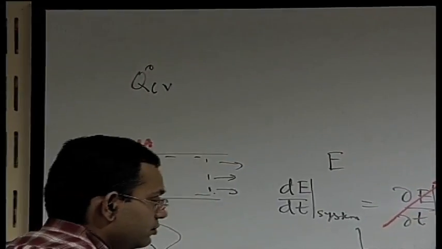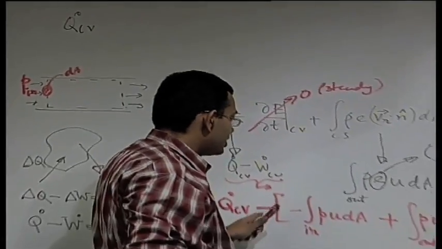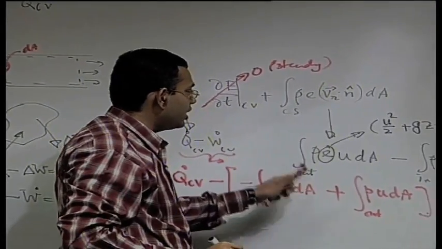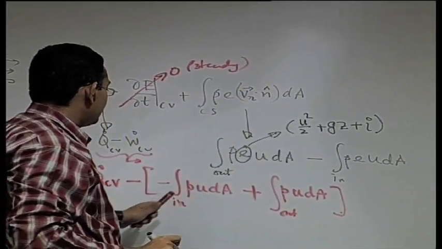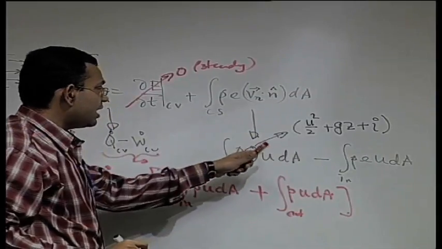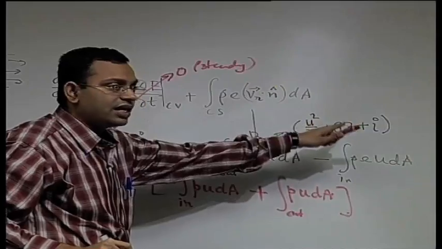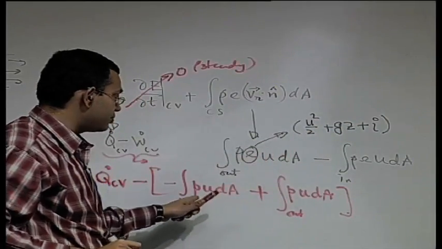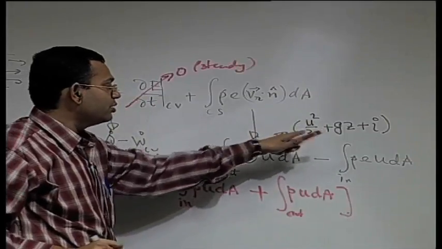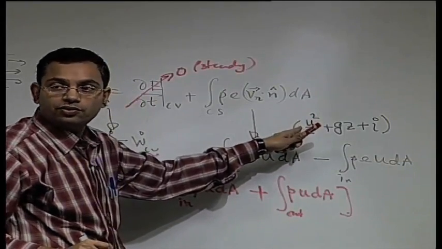you get q dot Cv. Let us say that you take these terms of integral of p u dA to the right hand side. If you take these terms to the right hand side, you will see that they club up with u square by 2, gz, I, plus you will have one p by rho, because this is just p alone. To adjust with that, you will have one rho multiplier outside. So in the bracket what will enter is p by rho.